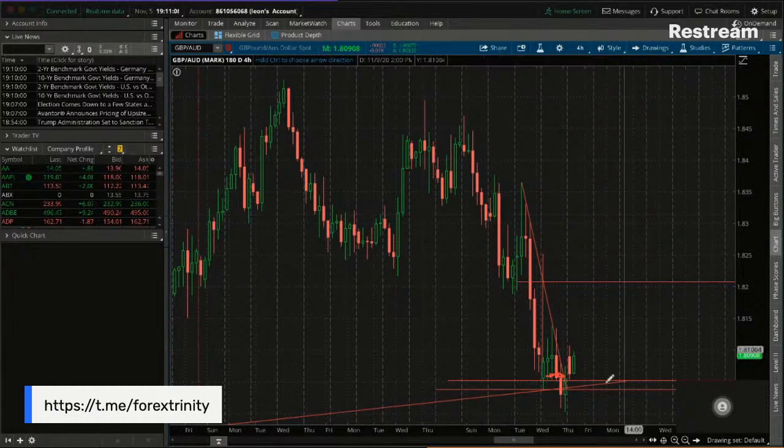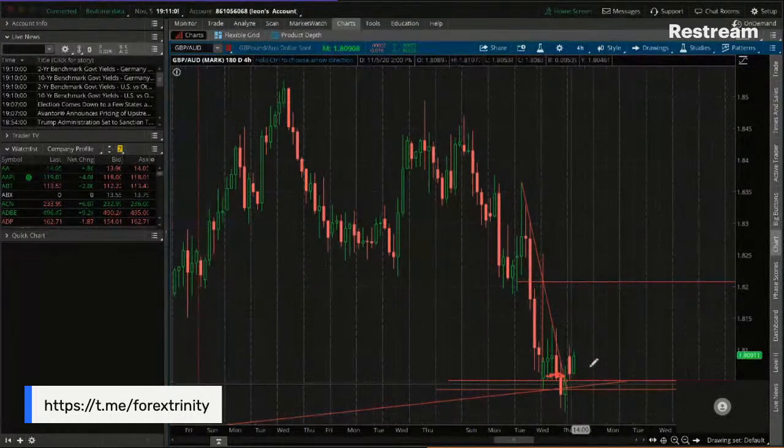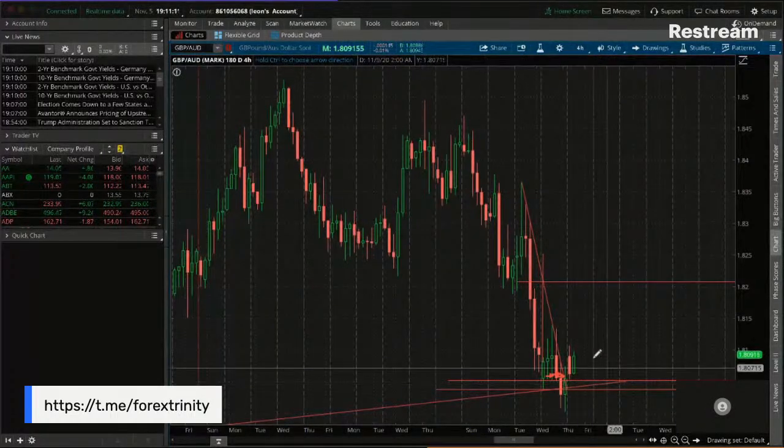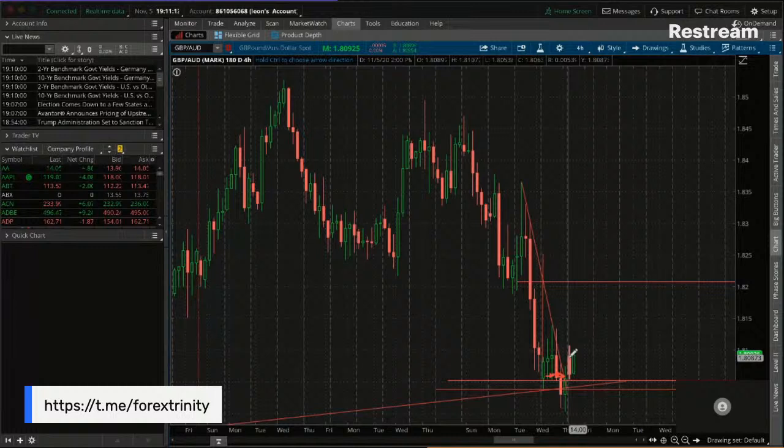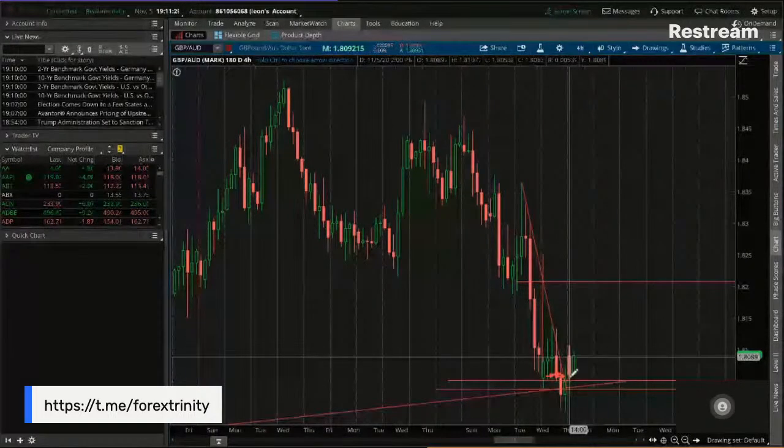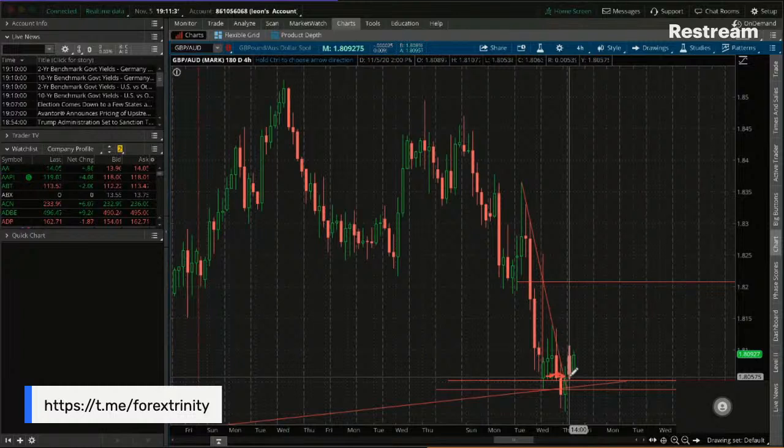All right, we just have to be patient a little bit. We could have taken profit up here because it opened up. This is almost like a double dip because we got in down here and then it opened up within about 30 minutes, 50 pips. Could have gotten out here, but it's kind of a gamble.